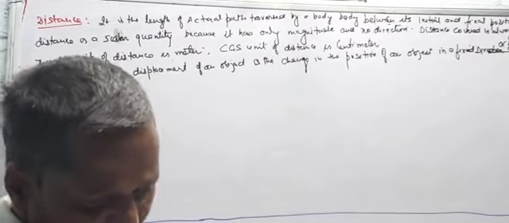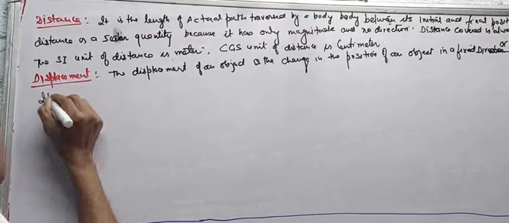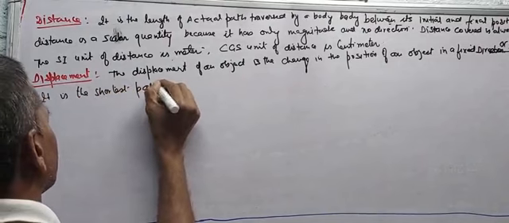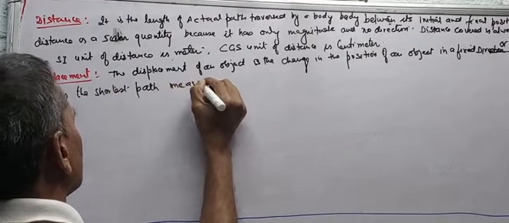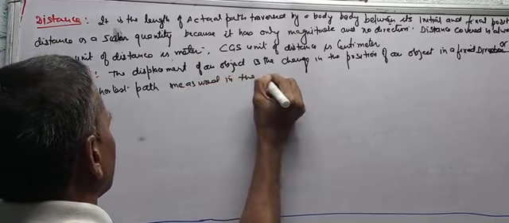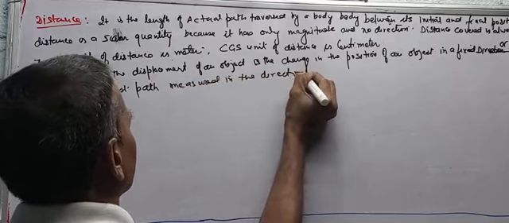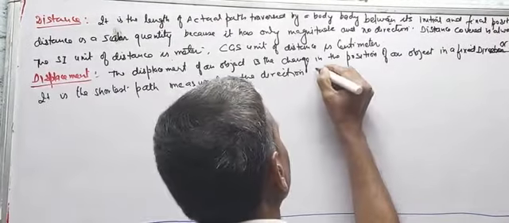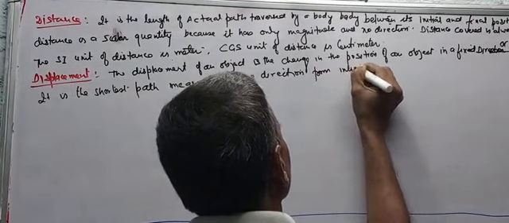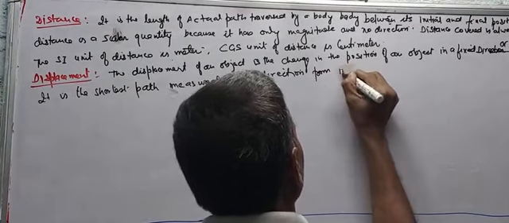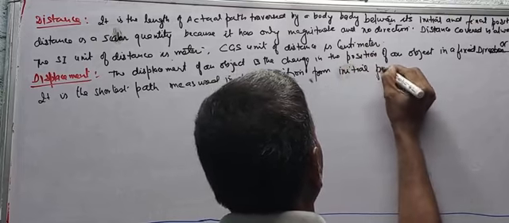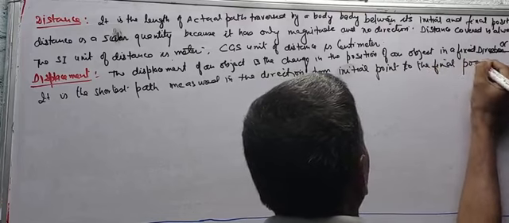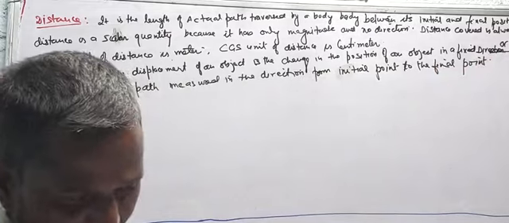It is the shortest path measured in the direction from the initial point to the final point.